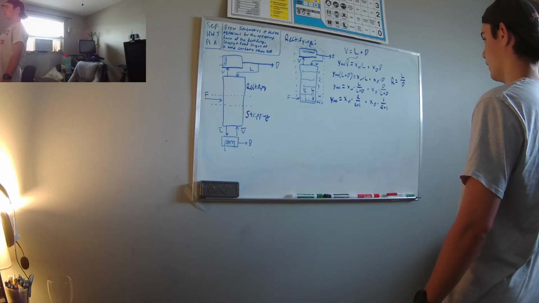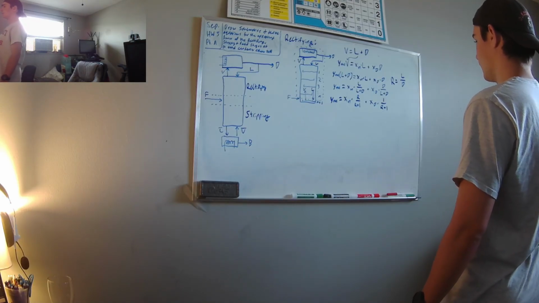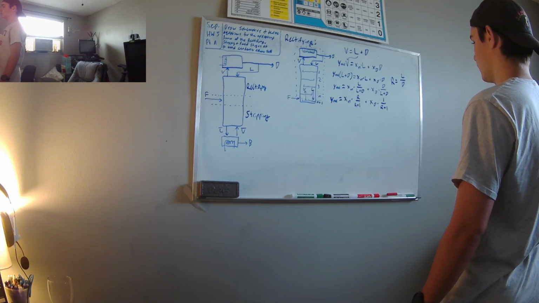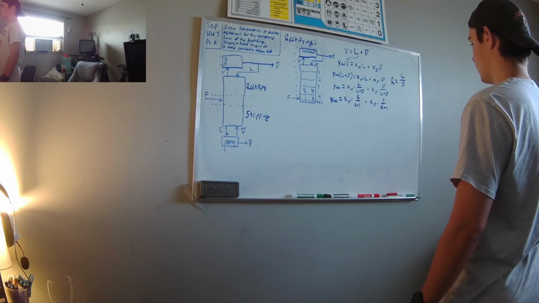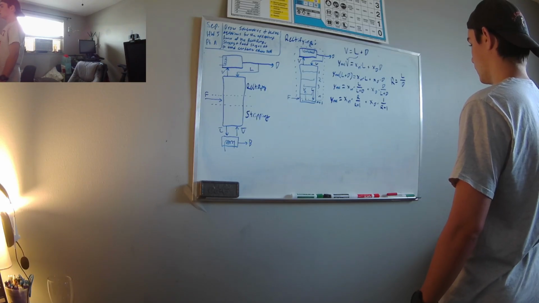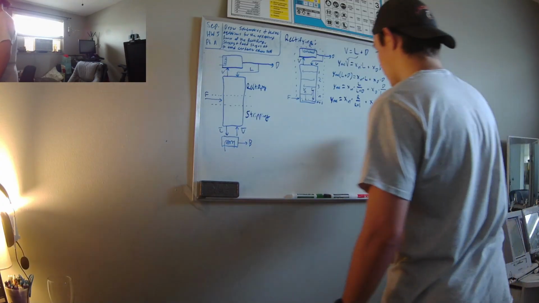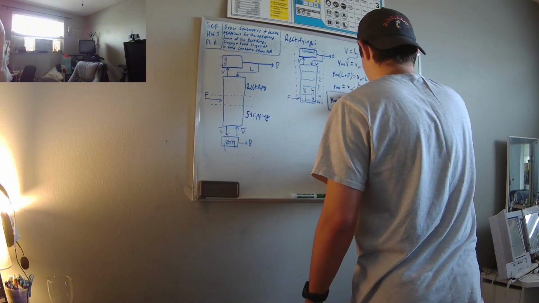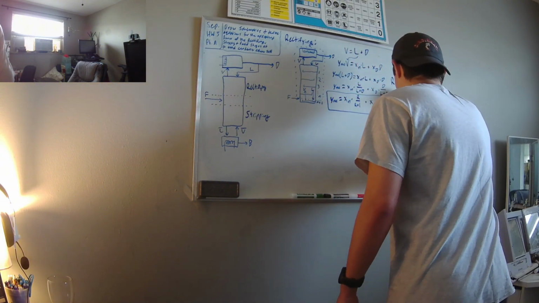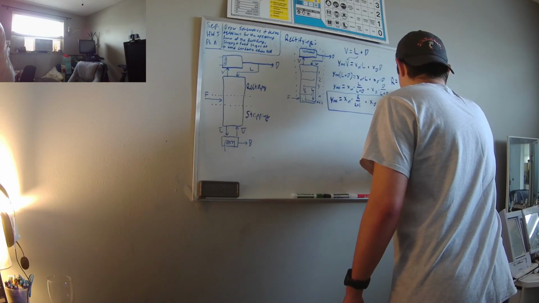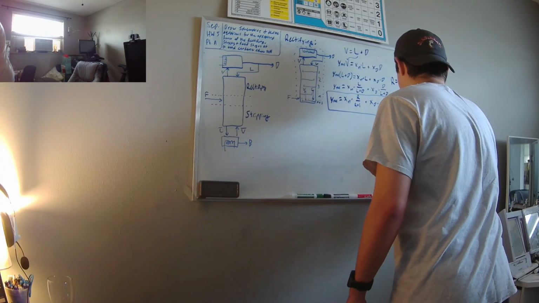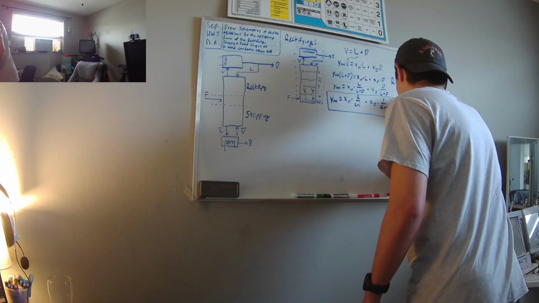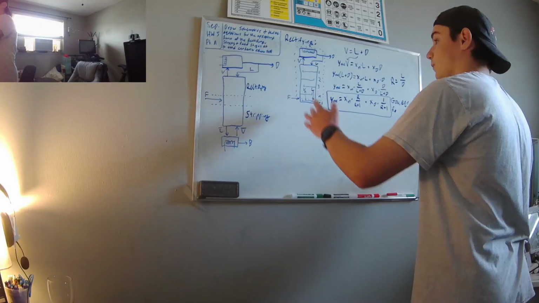Just making sure I did all my algebra right here. That's all right. So here we've got our governing equation for the operating line for our rectifying section, as well as our schematic for our overall rectifying section.